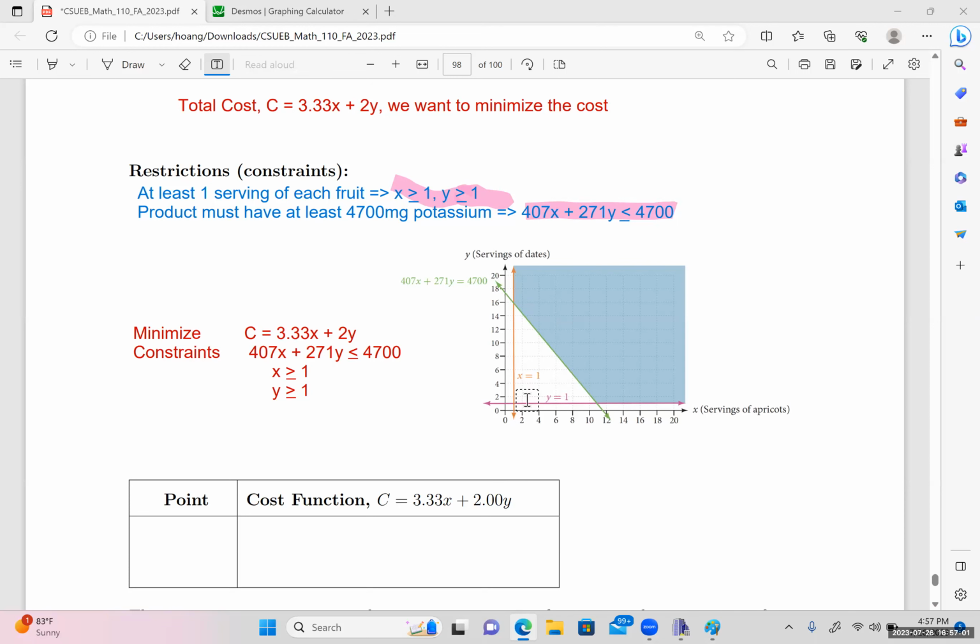One is x equal to 1, and one is y equal to 1, and the line 407x plus 271y equal to 4,700. But it looks like the feasible region is not bounded by these 3 lines, right? They are all solid lines, and this includes the equal. But as you see right now, the feasible region looks like it's not bounded. How do I get this one, right?